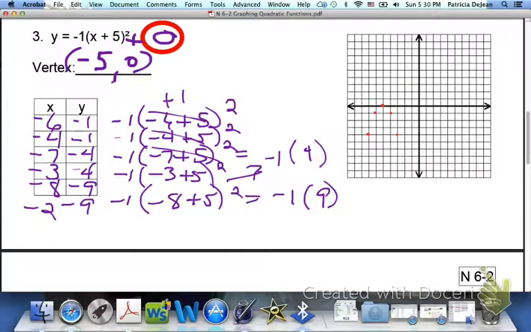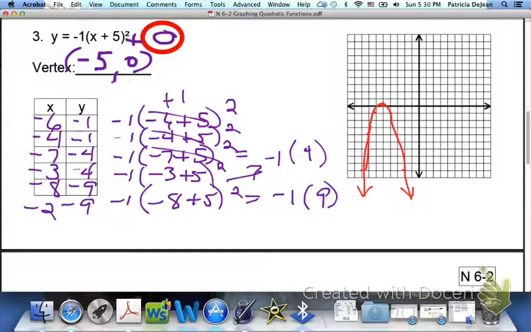And at negative 8, we were down here at negative 9. And at negative 2, we were down to negative 9. And so we can see, whoops, kind of got off that line a little bit, that our parabola looks like that. Okay? For that particular vertex form.